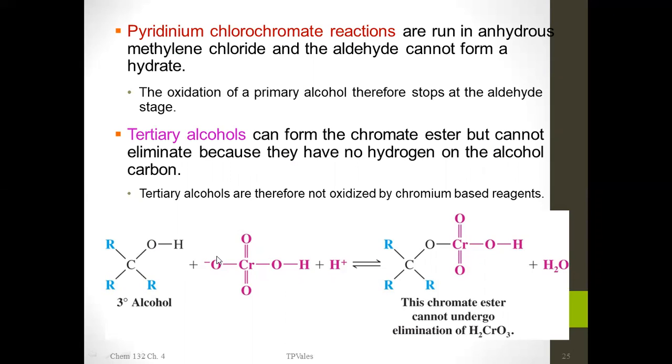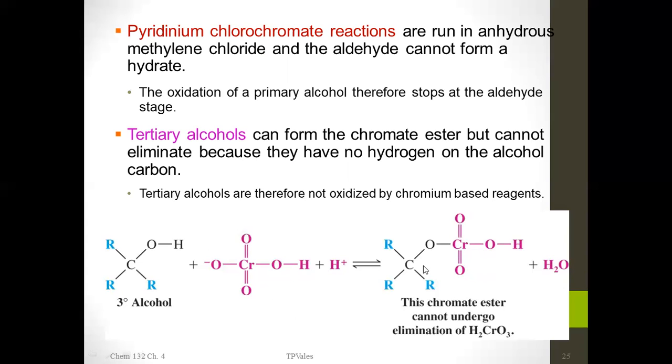So what we actually get is a chromate ester in the process. When you form one of the oxygens, you actually get your OH, remember? When you form the bond, you get a protonated OH.